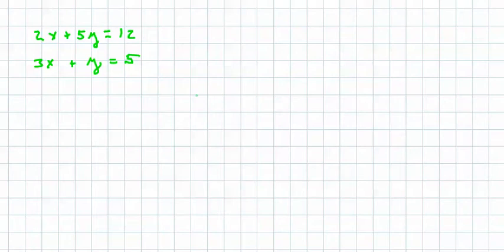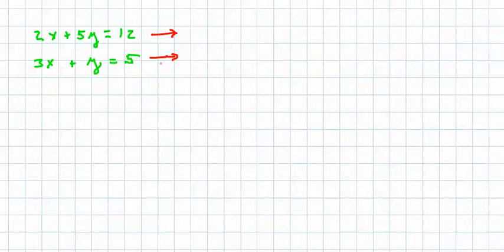Now, we want to add or subtract these two equations so that something eliminates. Well, the x's won't eliminate, neither will the y's. So we are going to multiply or divide one of our equations by something.